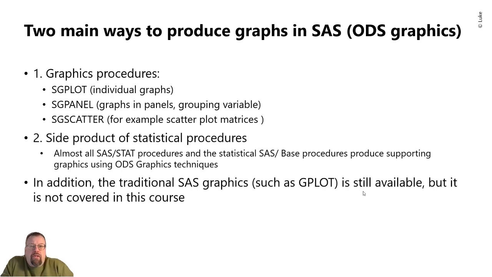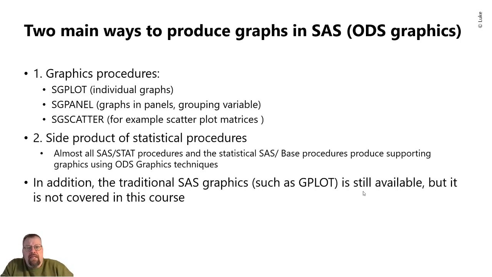The technique we use in this course is so-called ODS graphics, and there are two ways to produce graphics using this technique. The first one is using the standalone graphics procedures, which are proc SGPLOT, SGPanel, and SGScatter.